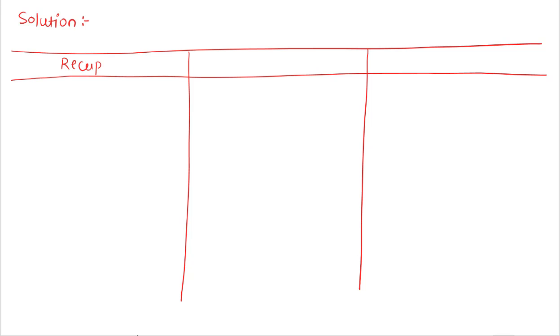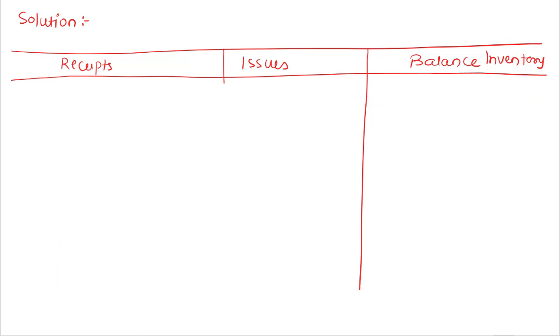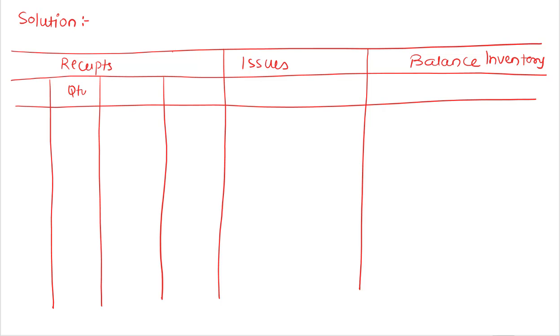So this is receipts, then we have issue, and at last balance. Make 3 columns. Quantity, rate, amount.